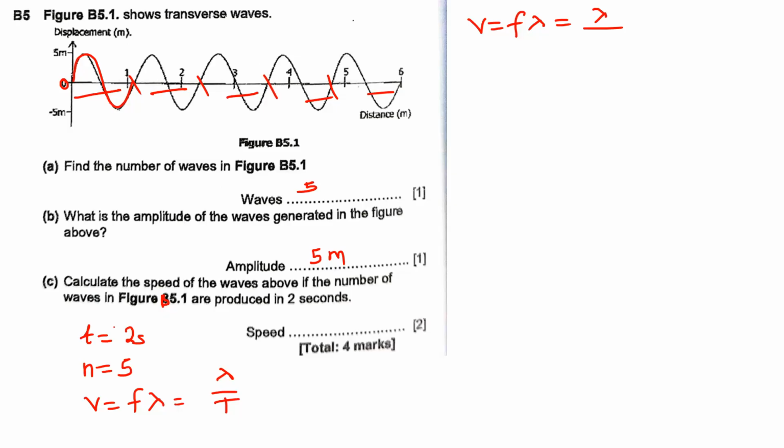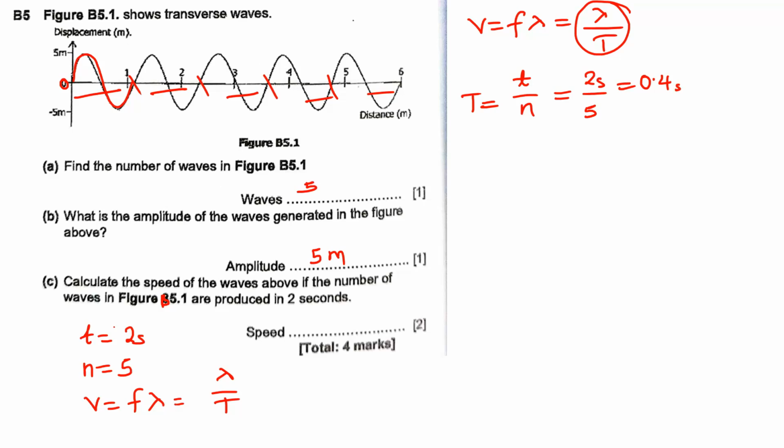So we can use whichever form should be able to work. Let us calculate period so that we can use this form. Period, how do you find it? Time taken divided by number of waves. What is the time? 2 seconds. Divide by number of waves, 5. This should give us 0.4 seconds.